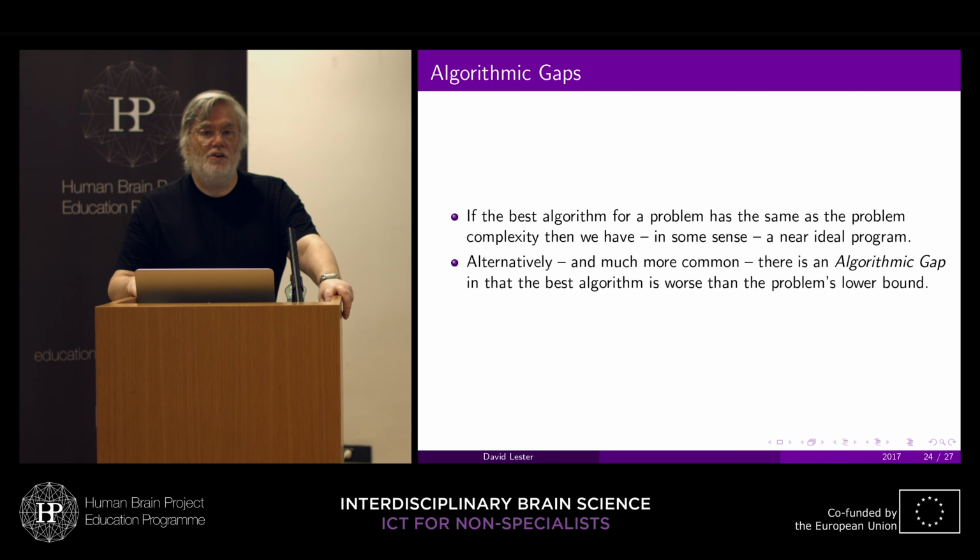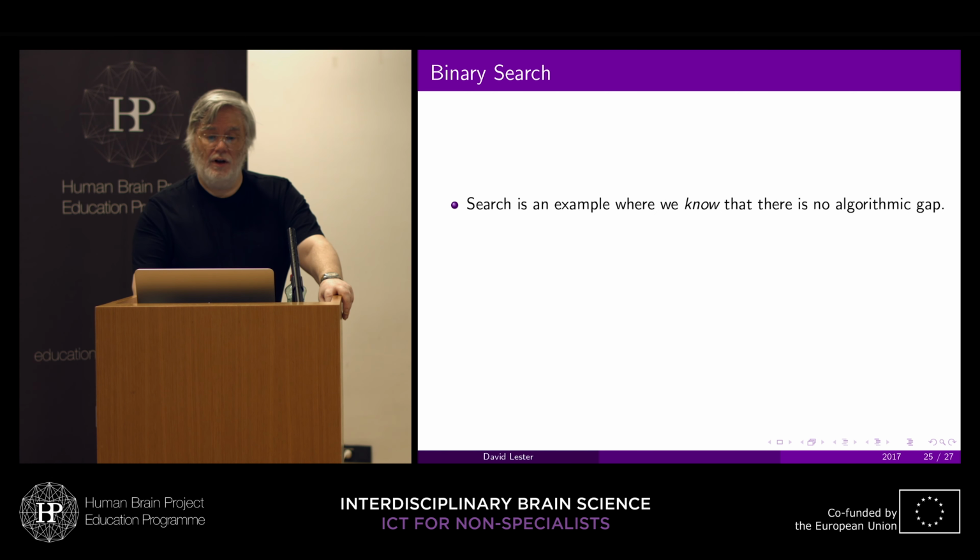It suggests either there's a better algorithm out there and nobody's discovered it, or alternatively that the proof of the problem's lower bound is incorrect and there's actually a better lower bound out there. My suspicion is that normally it's that. We've probably got pretty good algorithms for a lot of things, not everything, but a lot of things, and it's more likely that the problem actually has a slacker lower bound.